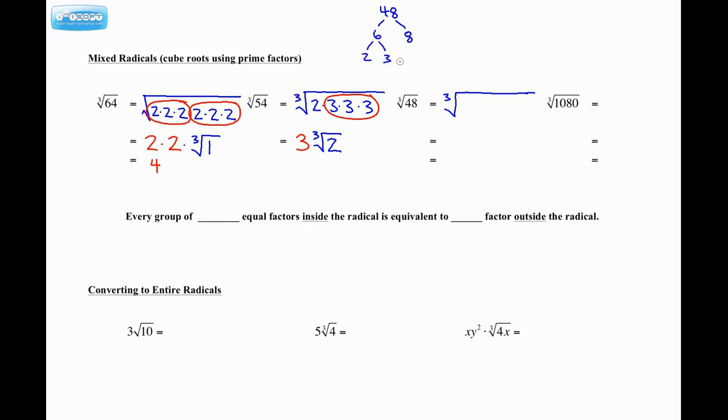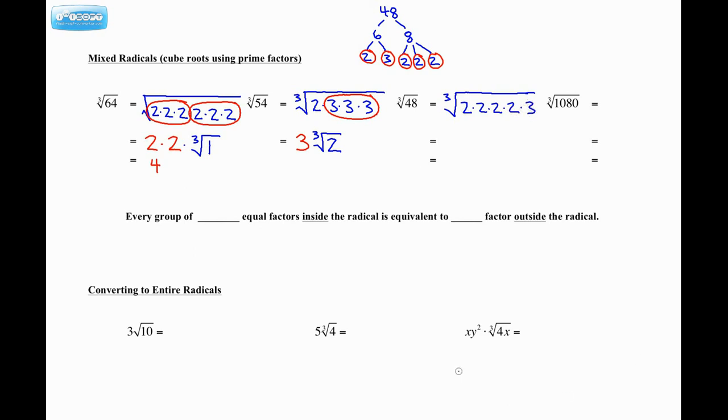Those are prime, so that's done. 8 I can break down to 4 times 2, but I'm actually just going to break down 8 like this because I know that 8 is a perfect cube. I'm just going to circle my prime factors, and there we are. So writing them out, I have, oh my, 4 factors of 2 and 1 factor of 3.